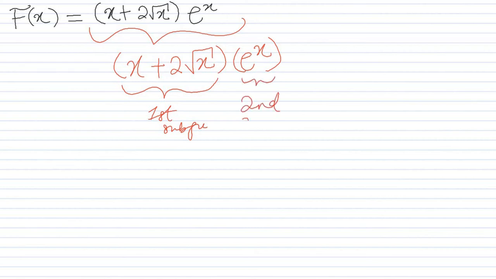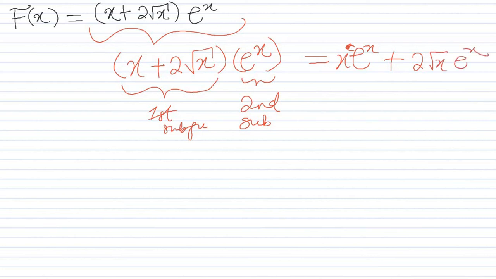Now, if you've been watching other videos on my channel, you realize that you can also multiply through. You can decide to multiply by e to the x, and you end up with x e to the x plus 2 root x e to the x.